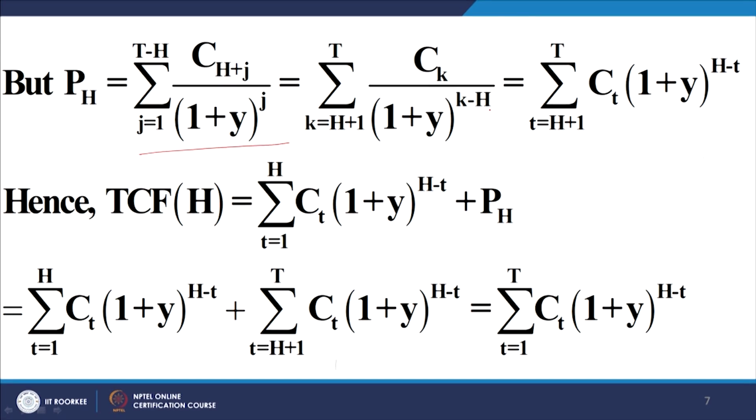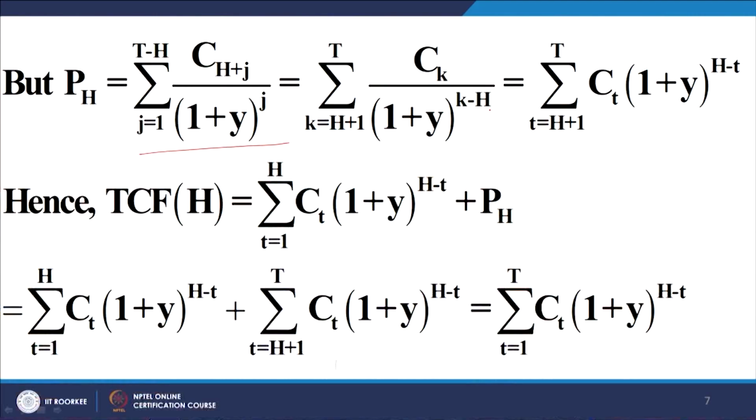Again, we simply change the variable k to variable t for convenience, the relevance of which you shall see in the next equation. So, restating the expression in terms of the new summation variable t, we have summation t equal to h plus 1 to capital T of C_t, and we write (1+y) to the power t minus h in the denominator as (1+y) to the power h minus t in the numerator.